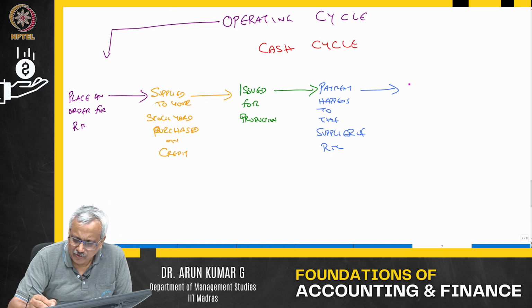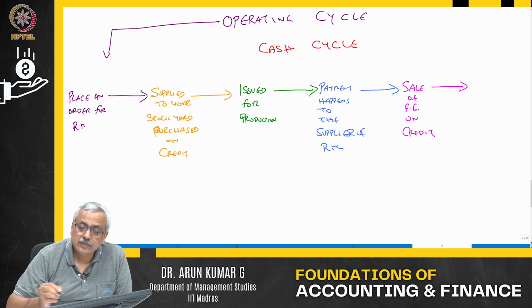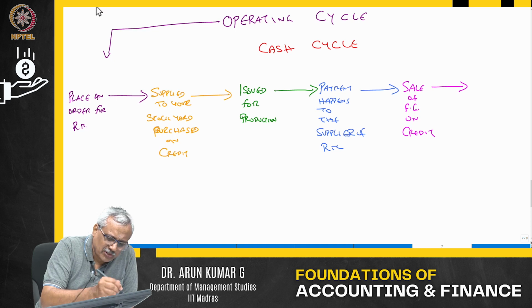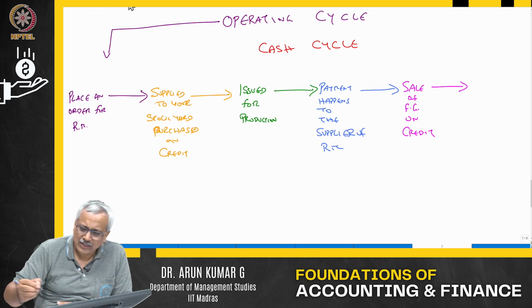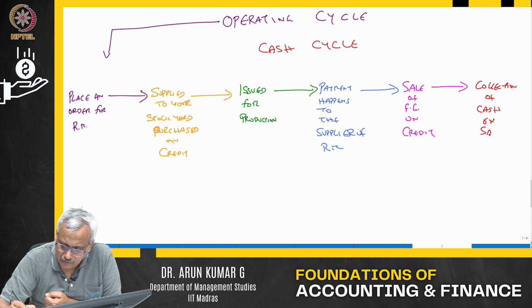Then what happens? You make a sale of the finished goods on credit. Then towards the end, you do collection of cash on sale.